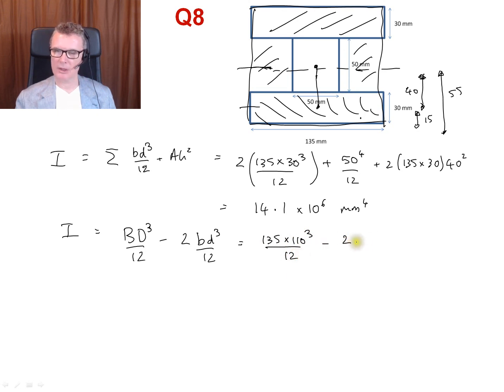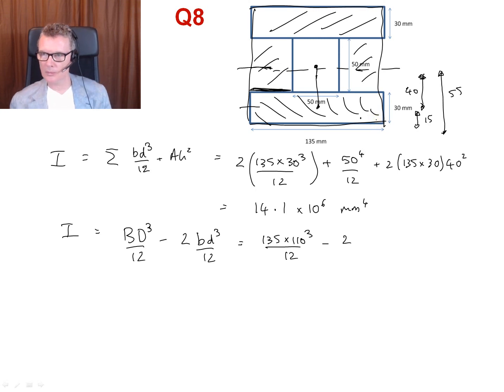Okay, and now the little b is this distance here. What is that? So I'm going to take the 135 divided by 2 and take away 25.